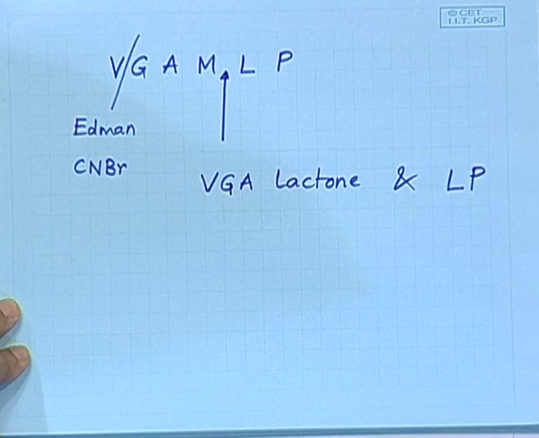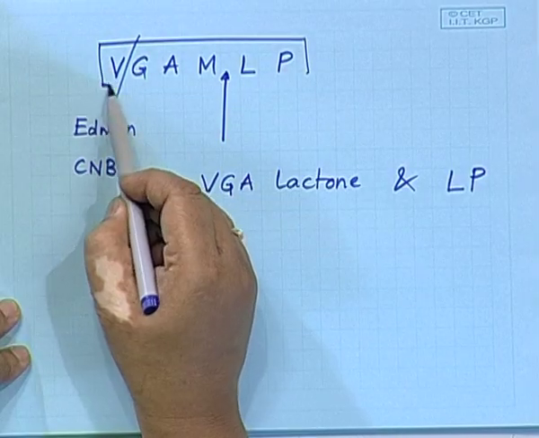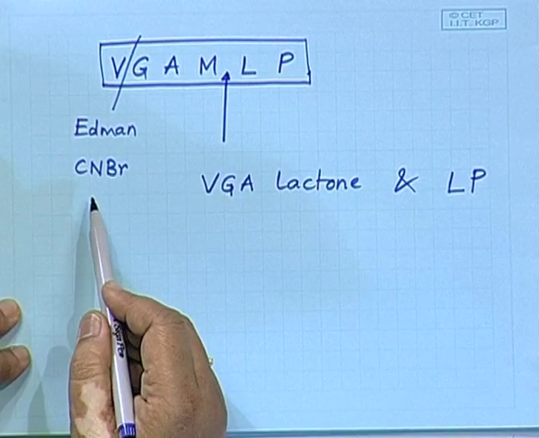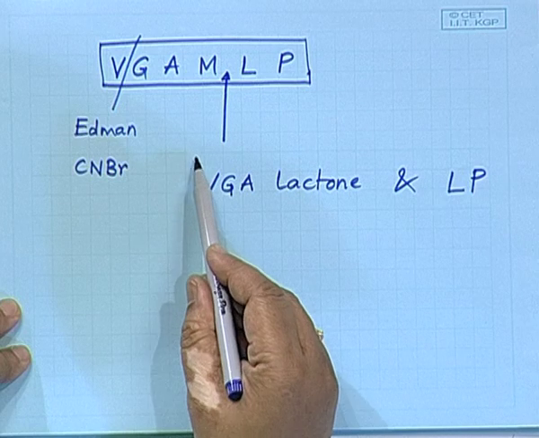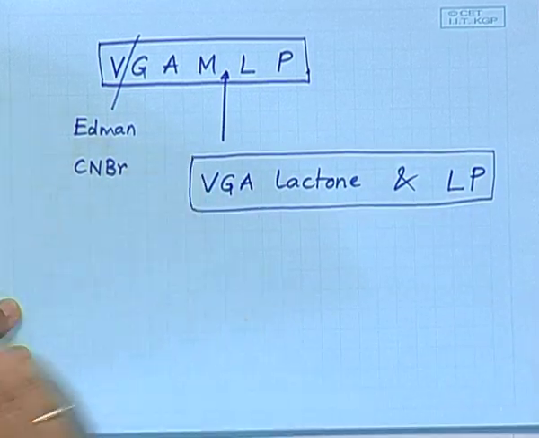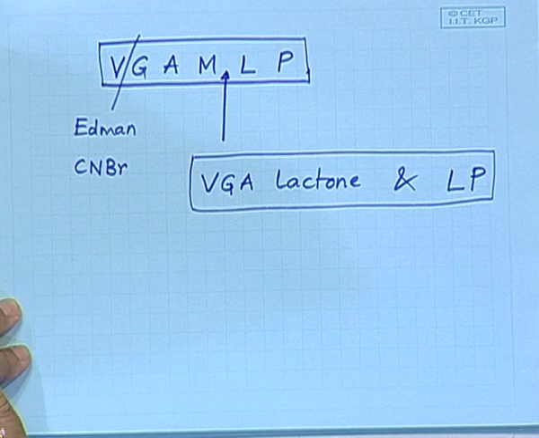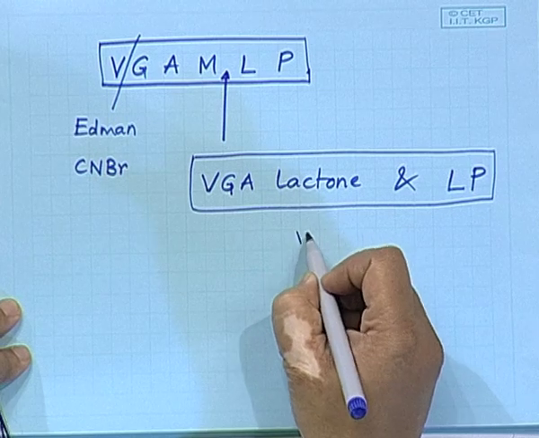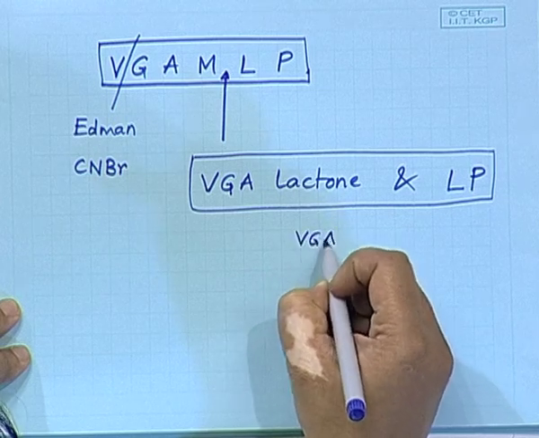So after treatment of this particular peptide with CNBr, if I am left with a VGA lactone and LP, then I know that my original sequence was VGAMLP.